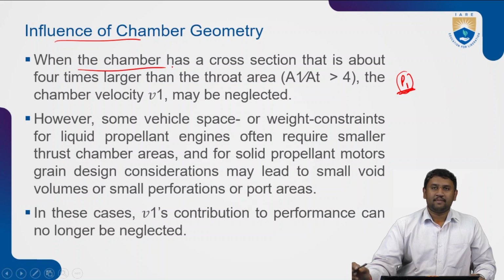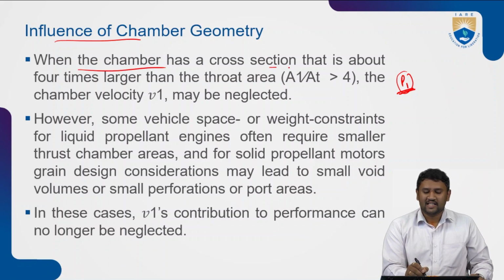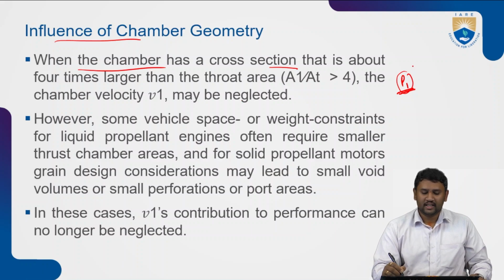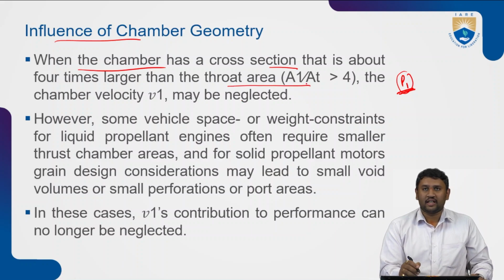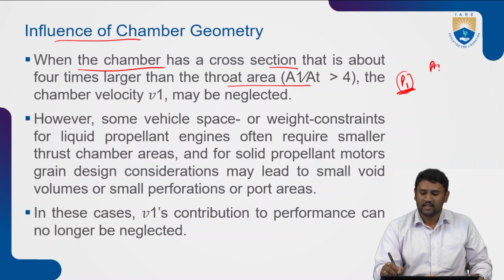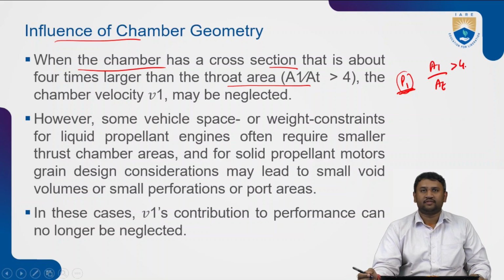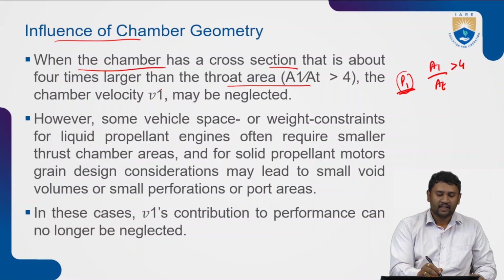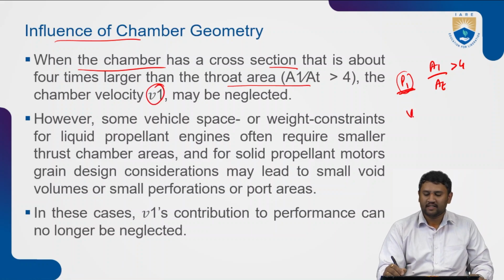When a chamber has a cross section that is about 4 times larger than the throat area, that is A1 to AT greater than 4, then the chamber velocity, V1, may be neglected.